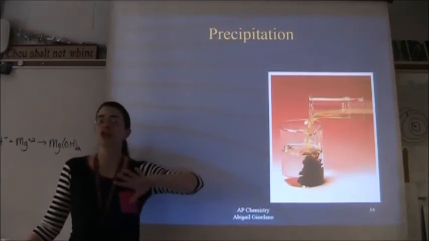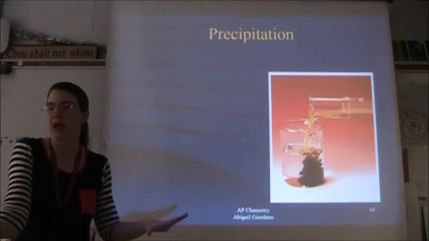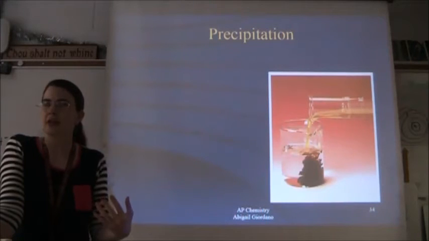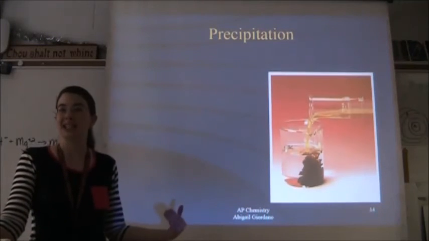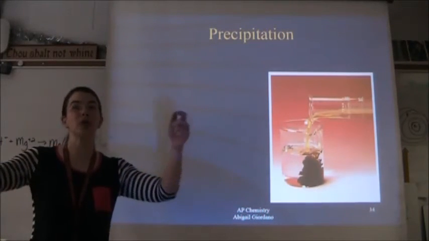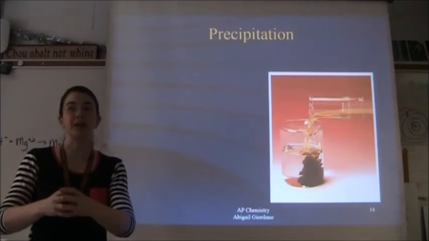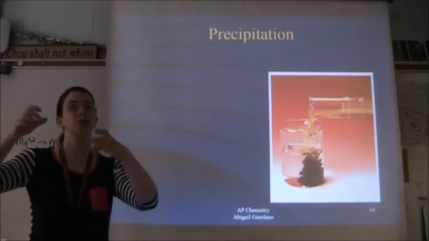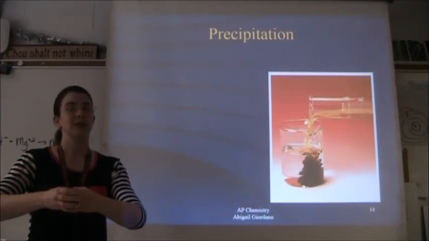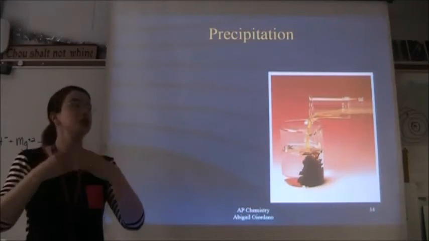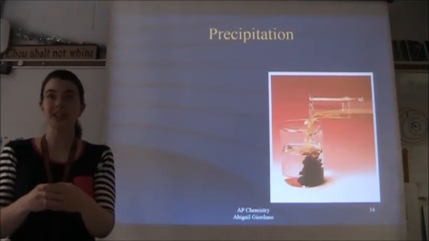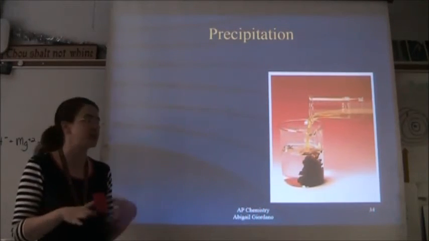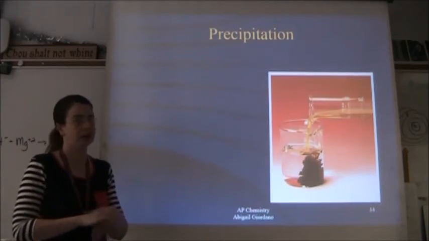Just to make sure, because this is kind of a pet peeve of mine, precipitation reactions are not pouring two liquids together and getting a solid product. What is it? Pouring two solutions, or two things that are aqueous, together and you get a solid product. It just bugs me when people say you pour two liquids, because that's not right.